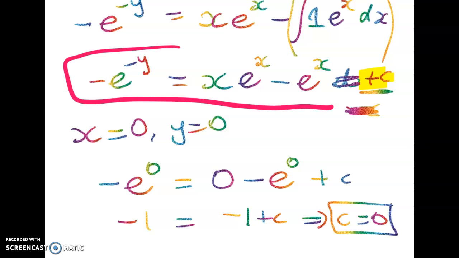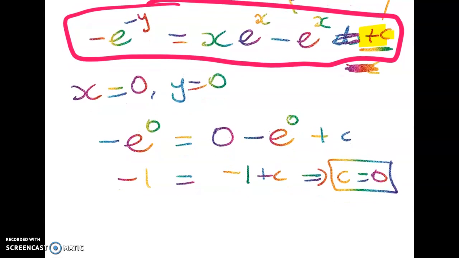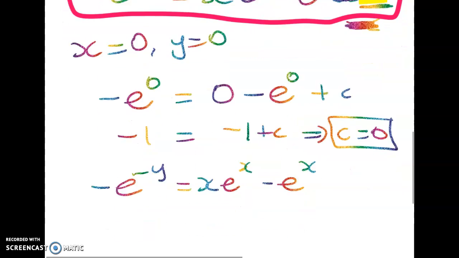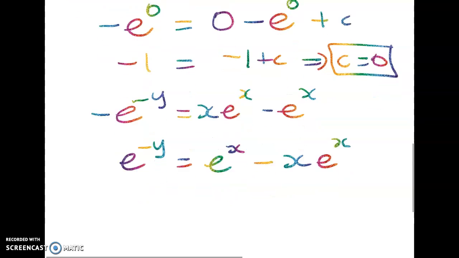So this is where we've got down to. Now we'll go back and just clean it up and substitute in that constant. So negative e to the negative y is equal to x e to the x minus e to the x. We need to solve this, and we need an expression for y. So let's multiply the whole thing through. We get e to the negative y is equal to e to the x minus x e to the x.